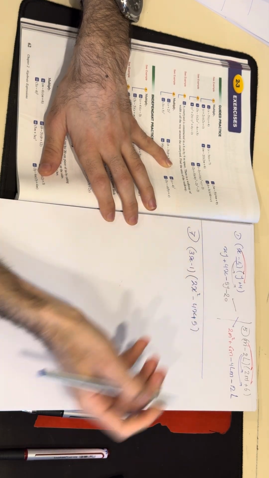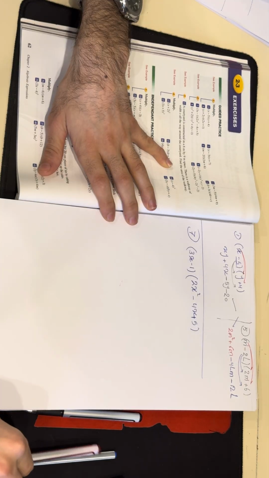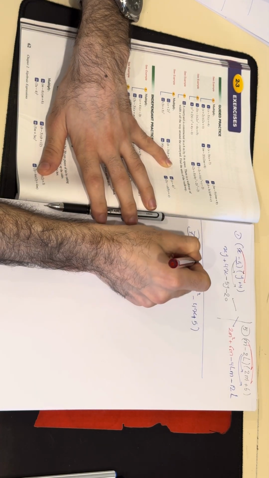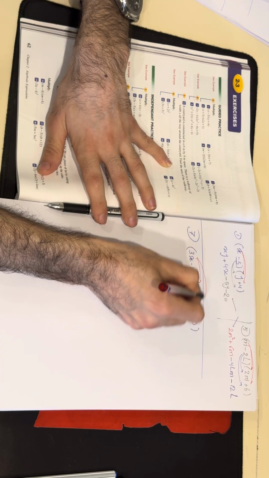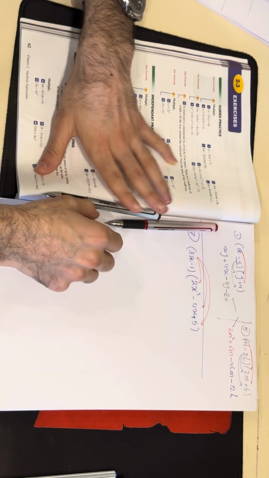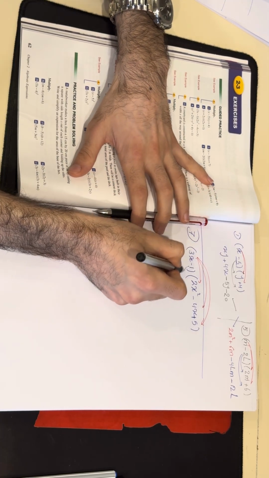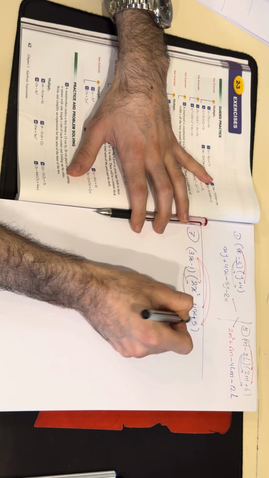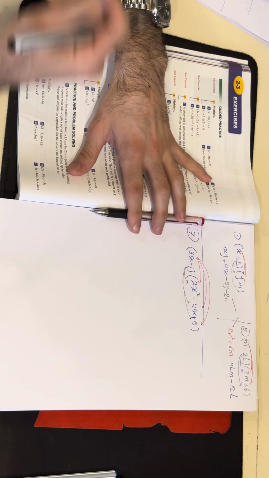It's easy peasy. The same way that we multiply, we're going to multiply it also here. I'm going to multiply 3x first to all of them, to the first one, to the second one, and to the third one. Then I'm going to multiply negative 1 to the first, to the second, then to the last one. Now let's multiply.